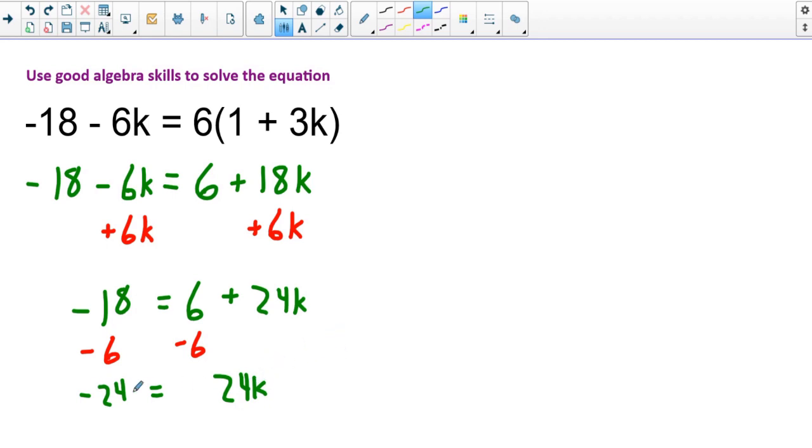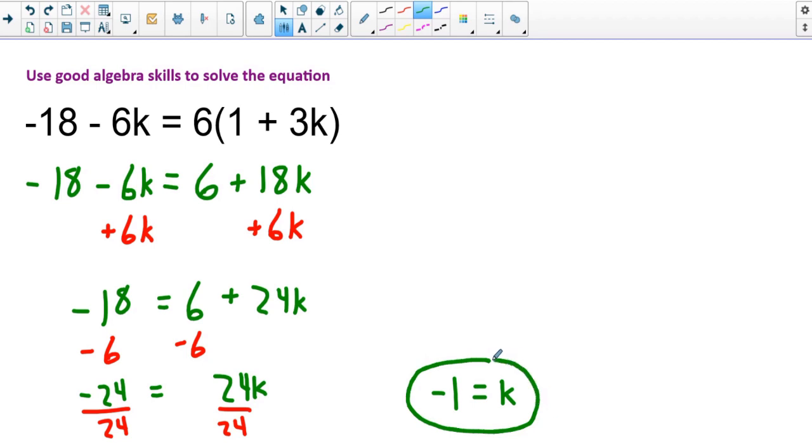I could divide both sides by 24 to cancel out this 24. Negative 24 divided by positive 24 is negative 1, a negative divided by a positive is still a negative. Over here, 24 divided by 24 just leaves that k. So my answer for this would be negative 1 equals k.